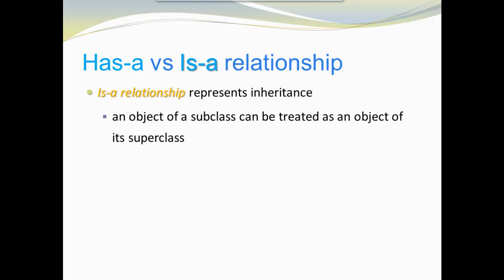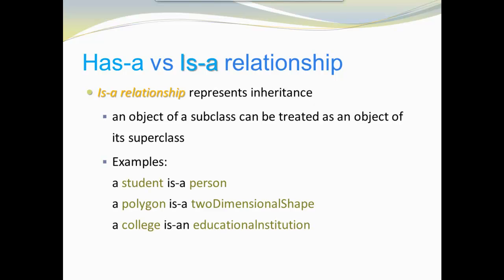Is-a relationships are different. Is-a relationships represent inheritance. An object of a subclass can be treated as an object of the superclass because it is a superclass member. So let's look at that. A student is a person.